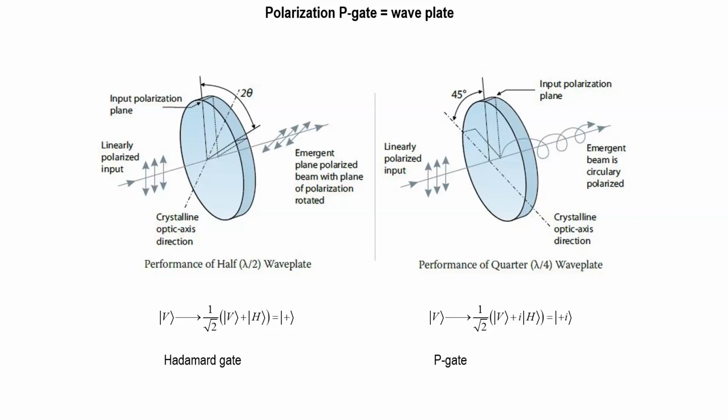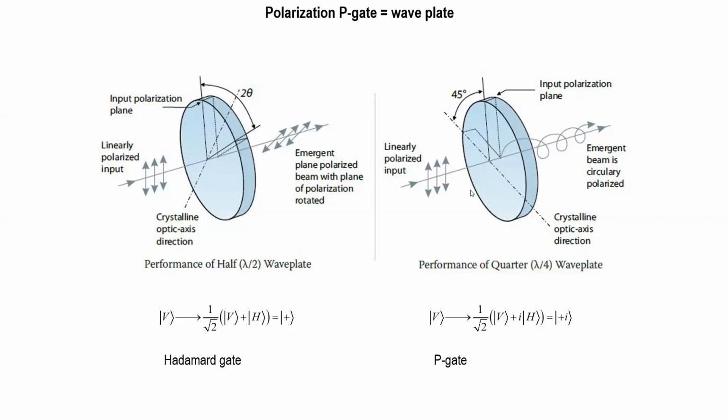Its purpose is to add the phase delay of pi over 2, so it gets the imaginary unit over here, or it becomes the state plus I in the quantum computing language.